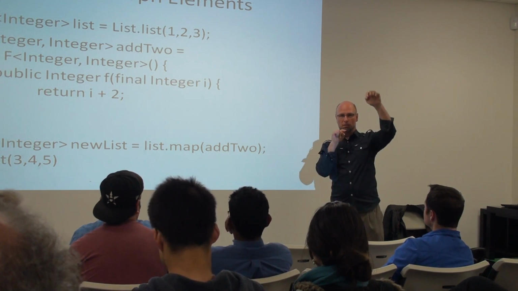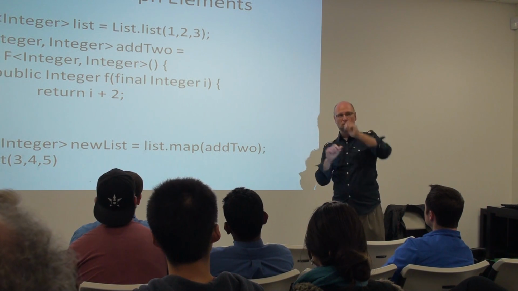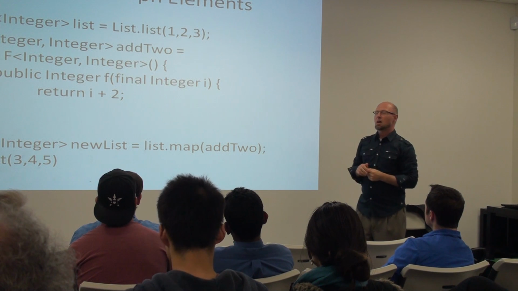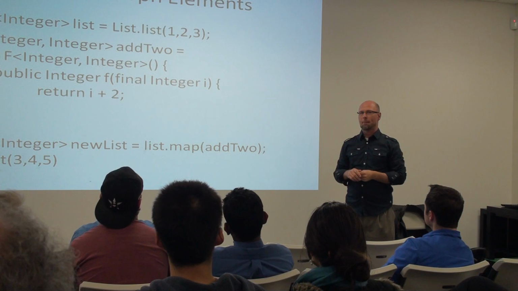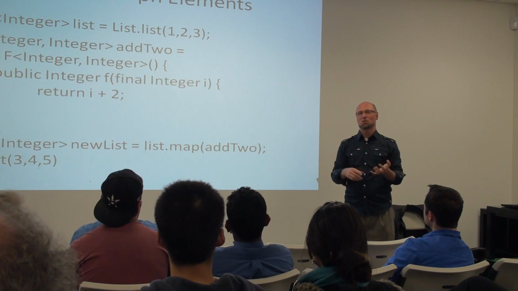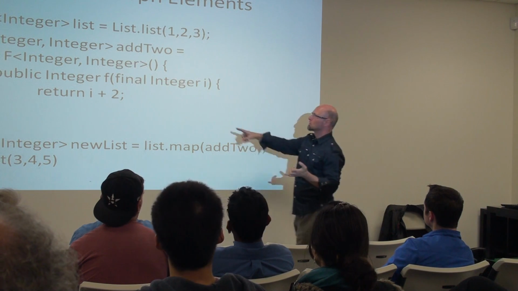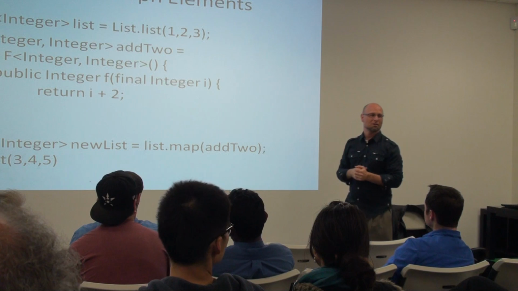So for each element, a new element in the list gets returned. Can anyone imagine how that might be implemented behind the scenes? Recursion, yeah, exactly. You take the head, use F on the head, and then just use it on the rest, and we're done.